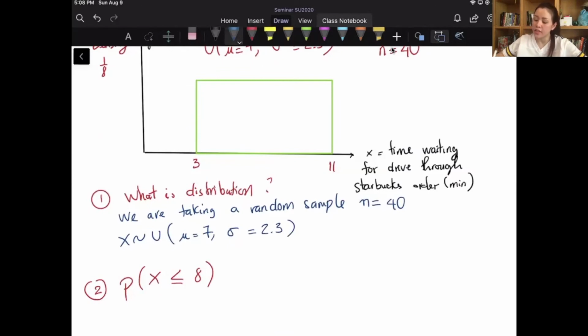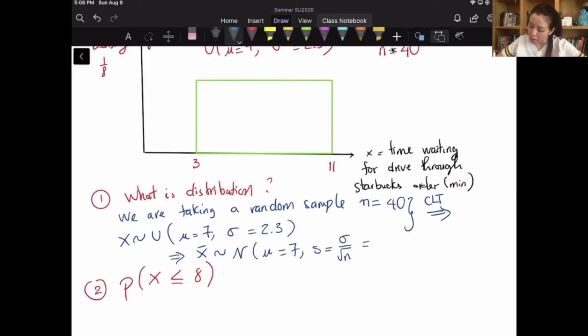So according to the central limit theorem, CLT here, we can say that x bar is approximately normal at the same mean, mu equals 7, and the standard deviation is equal to sigma divided by the square root of n.